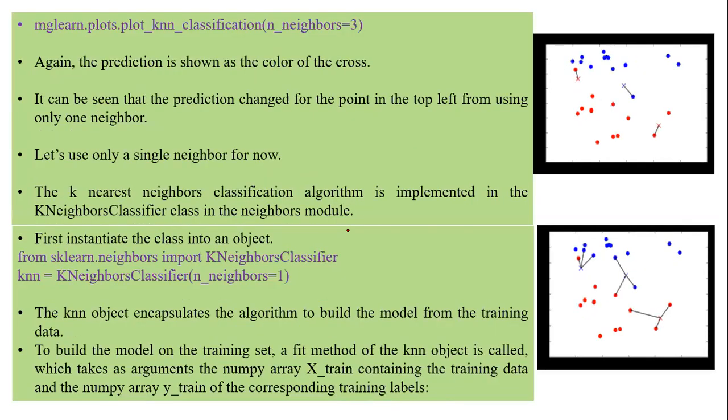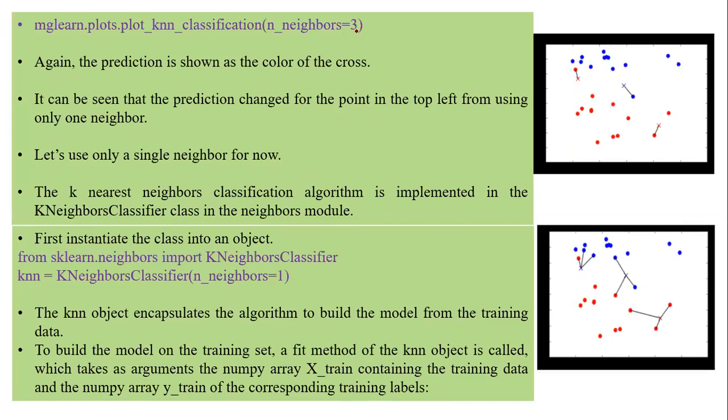So the mglearn.plot_knn_classification with n_neighbors equal to 3. The n_neighbors equal to 3 means we are deciding that k here is 3. Again, the prediction is shown as the color of the cross.